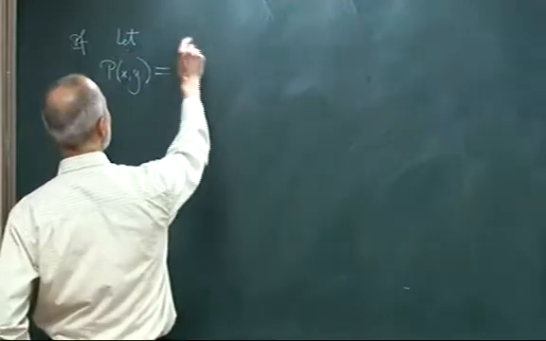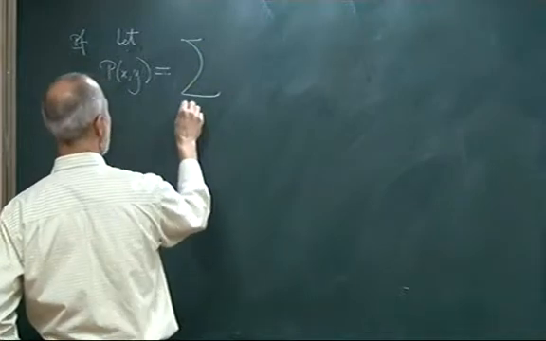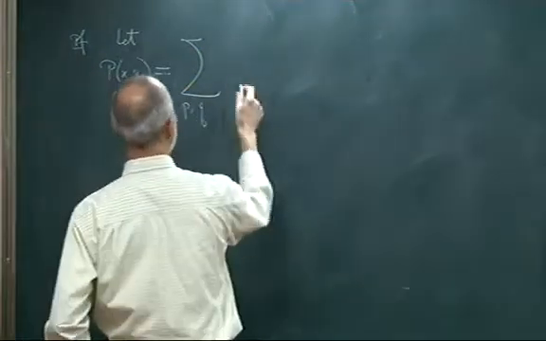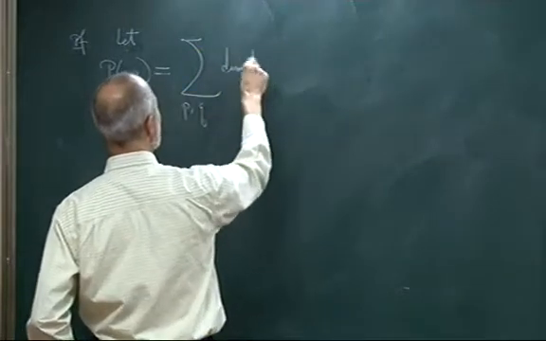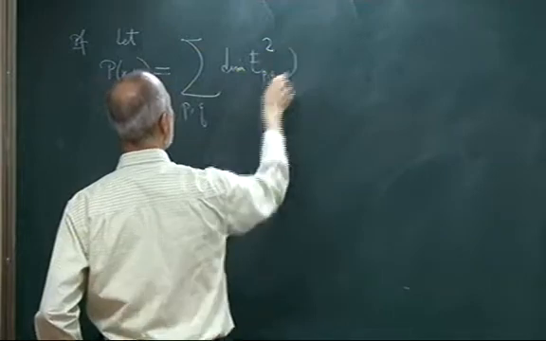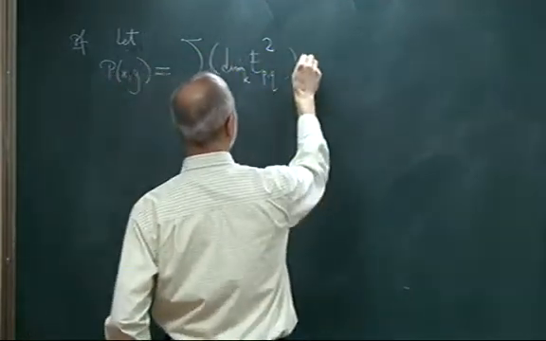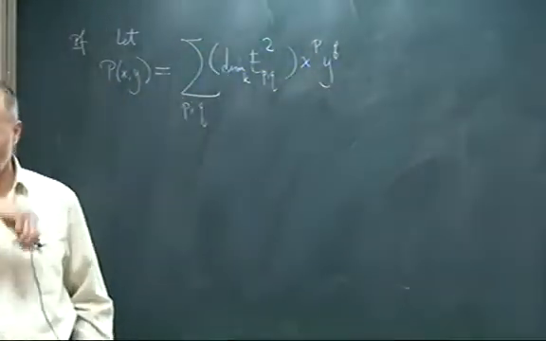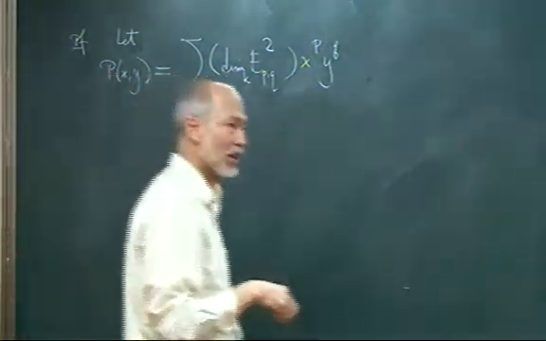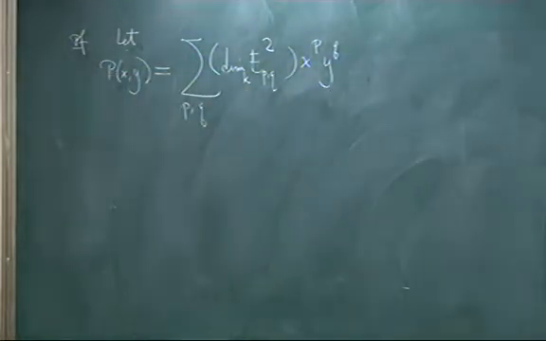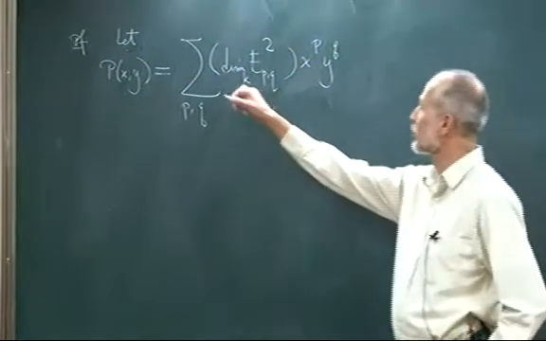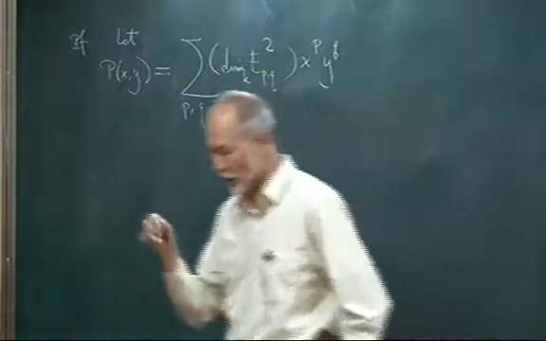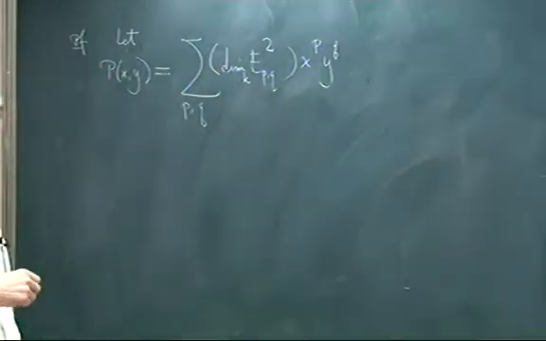Let's let this polynomial p(x,y) be the sum over p and q of the dimension of E2(p,q) over k, times x to the p, y to the q. So this is what I would call a bigraded Poincare polynomial, or you can think of this as a generating function for the dimensions of the E2 term. Since it's bigraded, we put it in two variables.